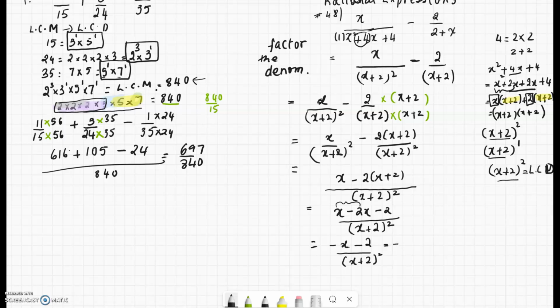So if you factor out the negative 1, it would be negative x plus 2 over x plus 2 the whole squared. So this is x plus 2 to the 1, this is x plus 2 to the 2. One of the x plus 2's in the denominator gets cancelled, and you get 1 over just x plus 2. So it's negative 1 over x plus 2.